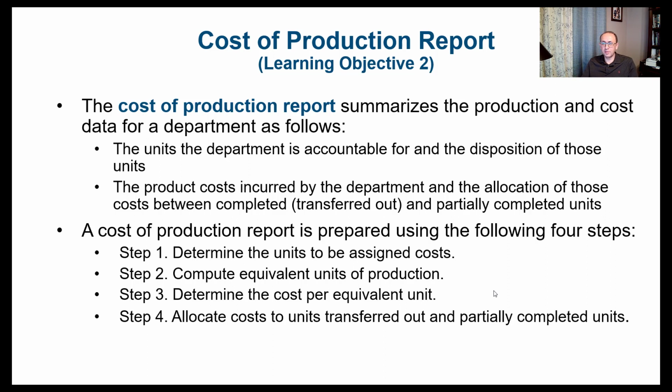Each of these steps has intense steps, so I know it might get confusing, but please go over them slowly so you can understand how we determine the units, how we compute the equivalent units of production, then we determine the cost per equivalent unit, which is the cost per item, and then we allocate the cost to units transferred out and the partially completed units.